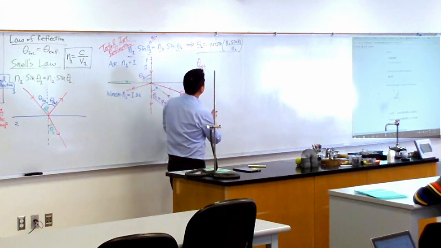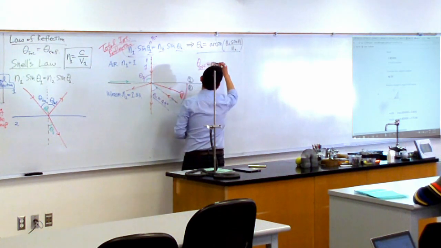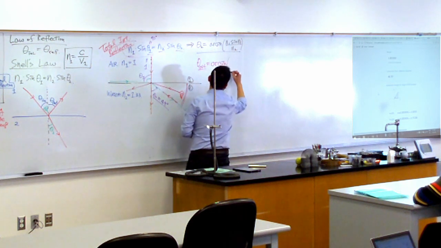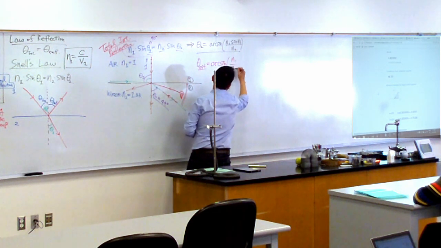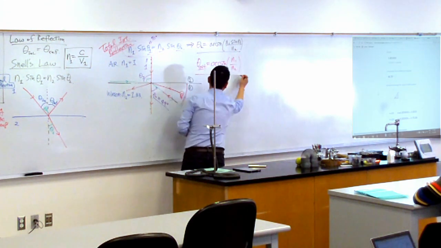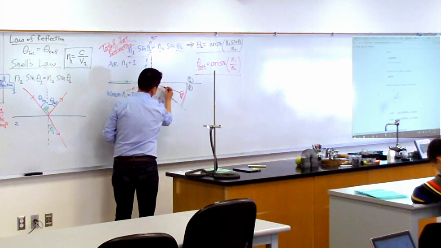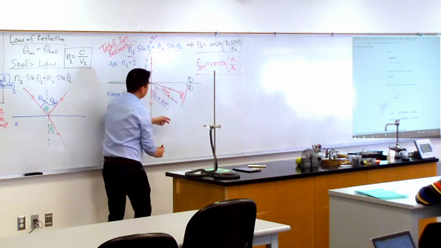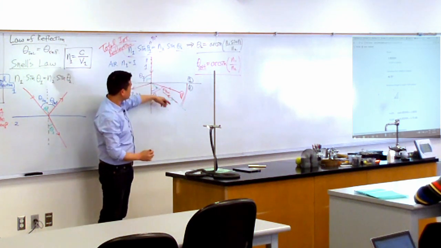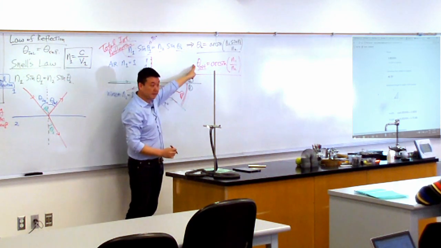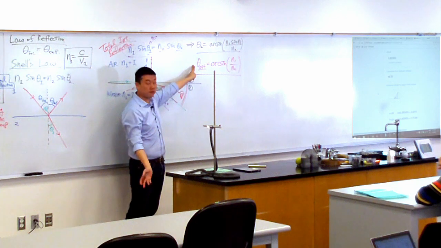So this critical angle should be equal to arcsine of n1 over n2. So this would be my incident angle. If you have an incident angle that's larger than this critical angle, that's what results in total internal reflection.